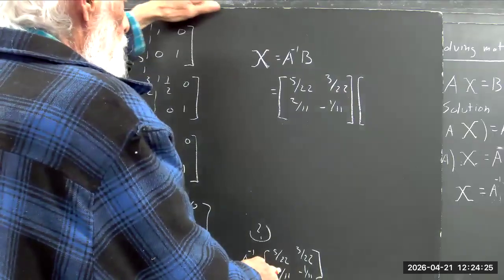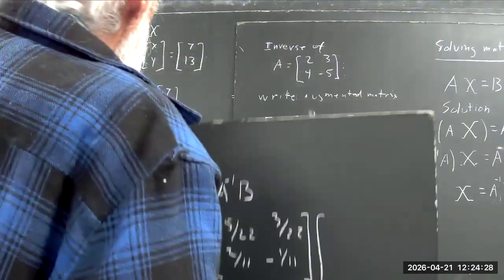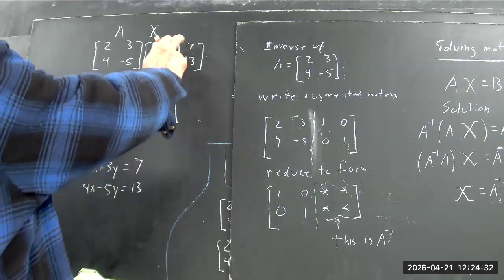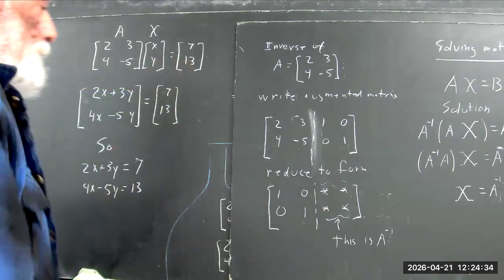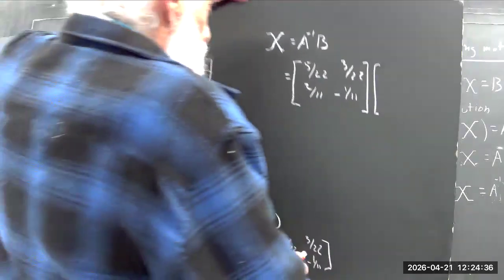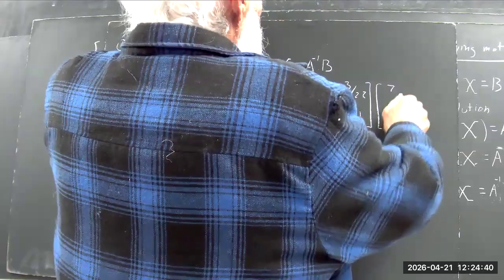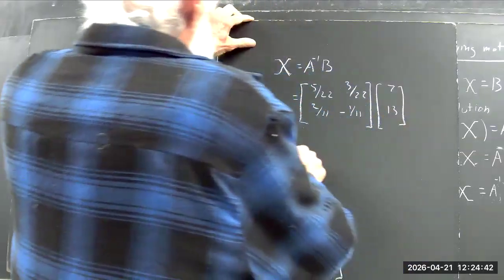Now, my original equation was here. The B matrix is what's on the right. That's 7, 13, the column matrix 7, 13.